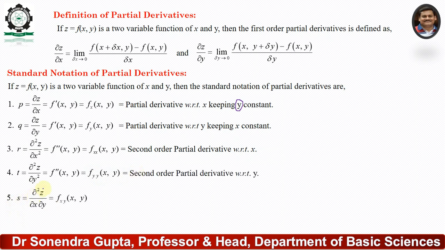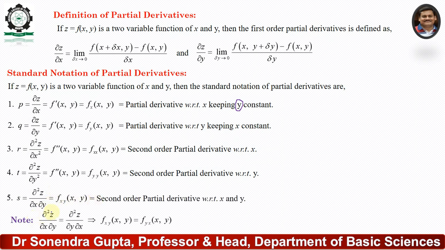And the fifth, s equals del 2 z by del x del y, f xy, called the second order partial derivative with respect to x and y. Here we note that del 2 z by del x del y equals del 2 z by del y del x; both are equal values. That means a function can be differentiated with respect to y and then x, or in the reverse order, and both values are equal. Always remember that.